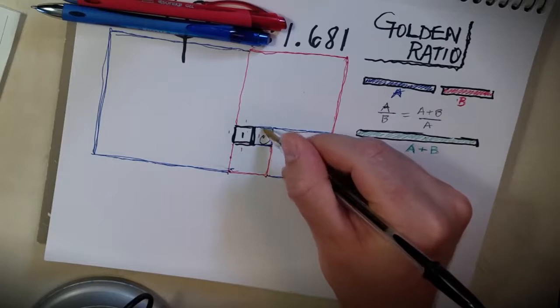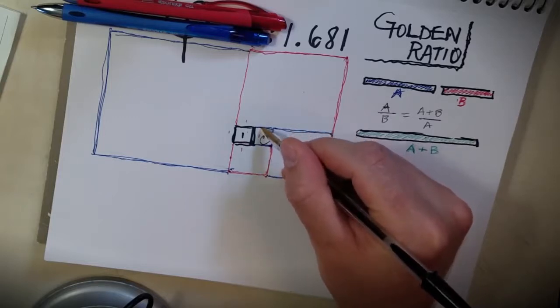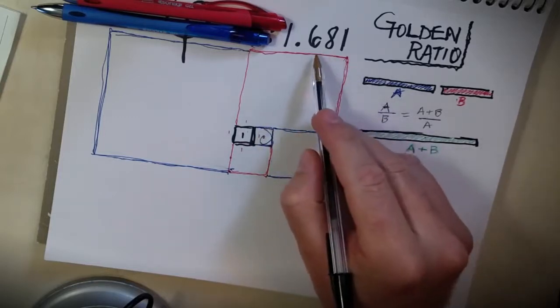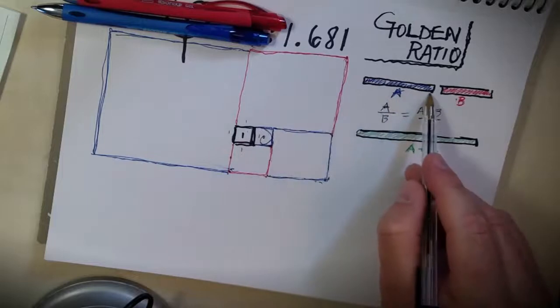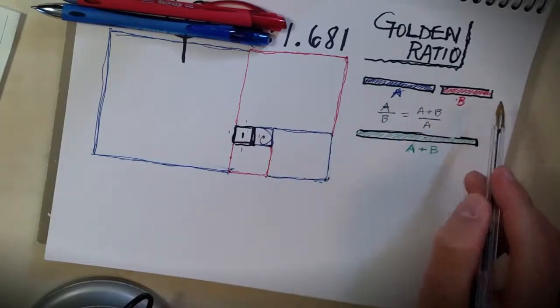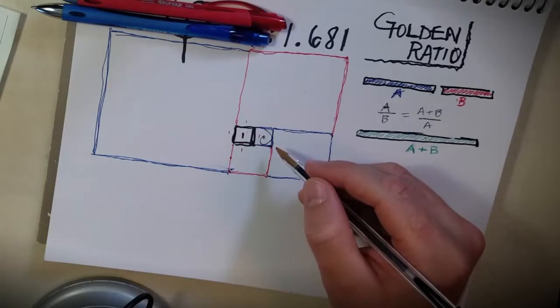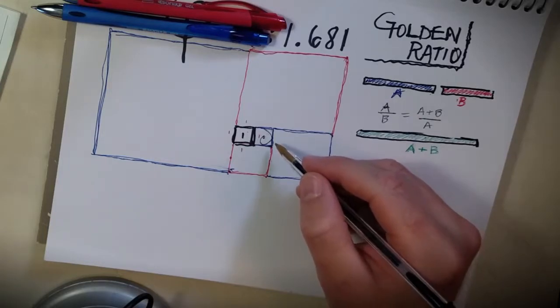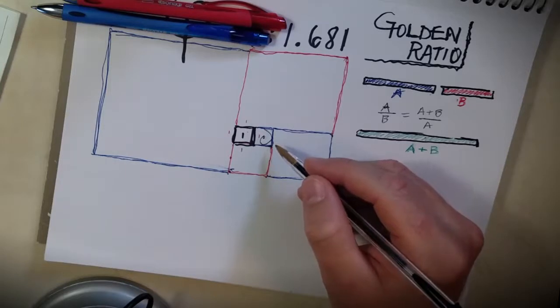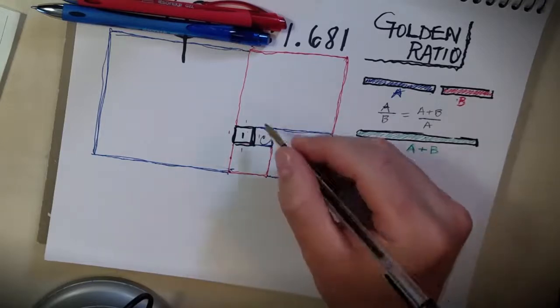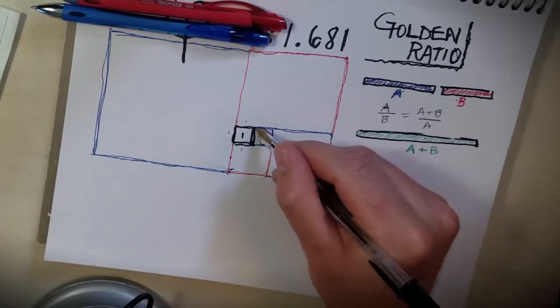So where it touches the edge is the length of A to B. Oh no, I lied. Okay, let me just draw it.